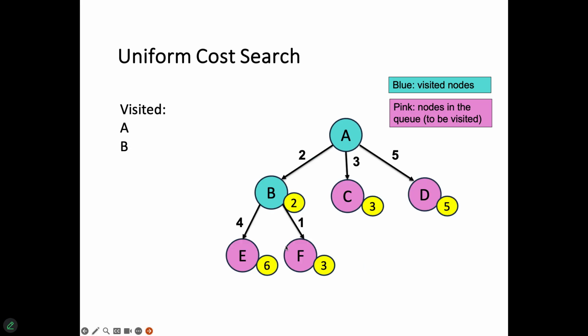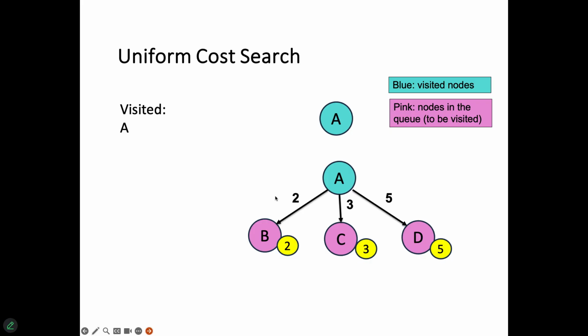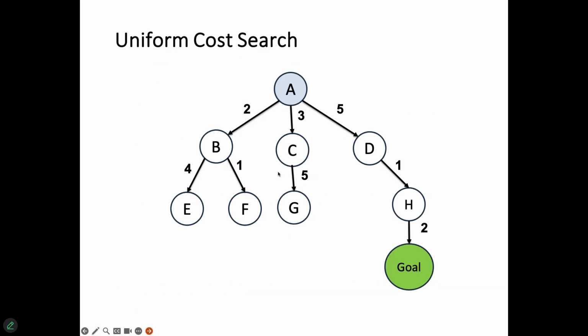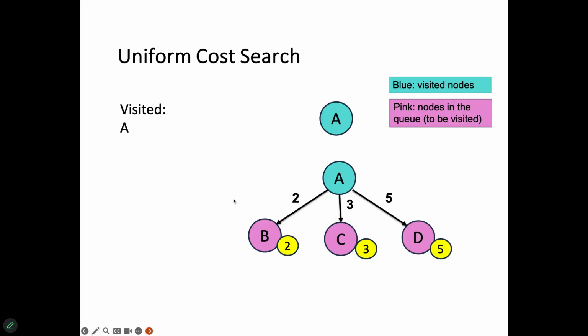Next, if you want to expand B, using your original tree, you have to check where you can go from your original tree, okay? So from B, we could go to E and F, right? These are your frontiers.